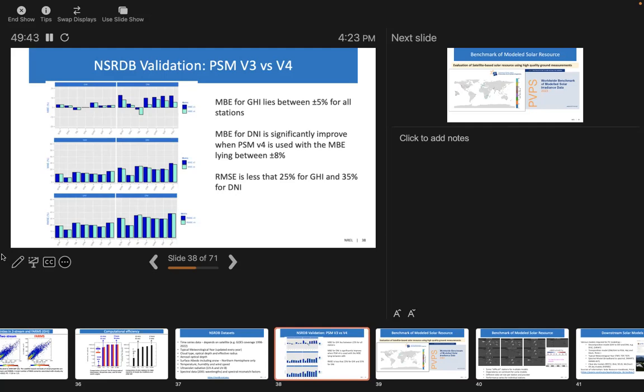So that's why I said this is plus or minus 5%. This bar is the bias, there's the mean absolute error, and then the RMSE. All three are there. In the interest of time, I just pointed this out to you, but any of you are free to email me if you're interested in getting more information about it.